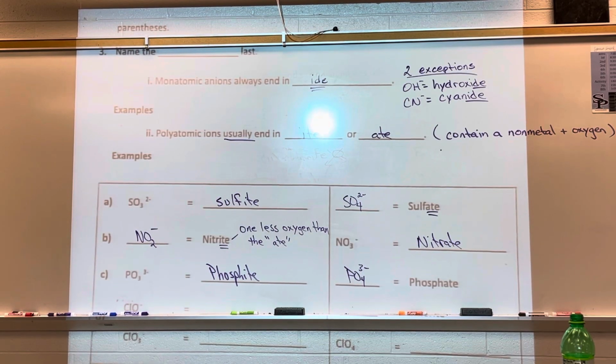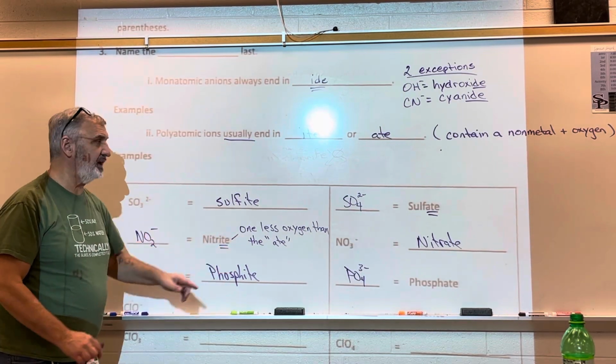That differs from element to element, but the ite is always one less oxygen than the ate. So if I know the ate, I know the ite. We good with that so far? Just always remember, the ite is one less oxygen than the ate.